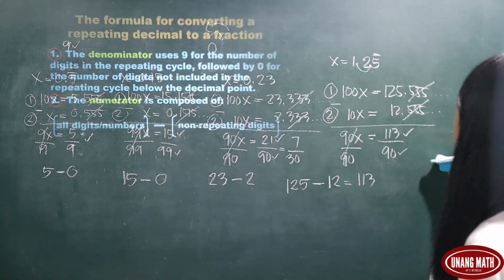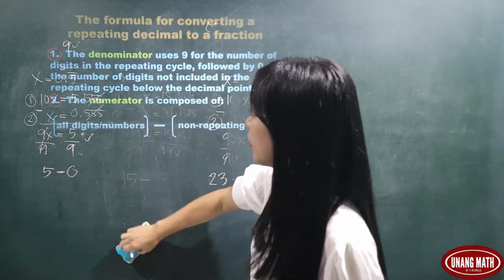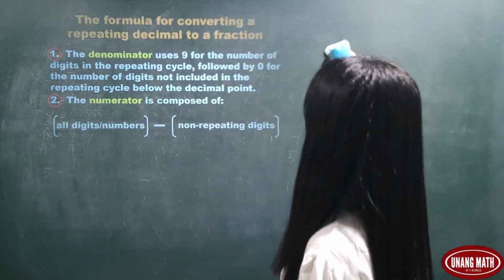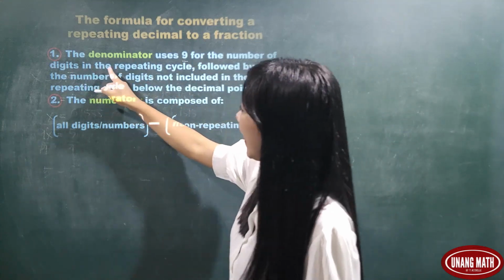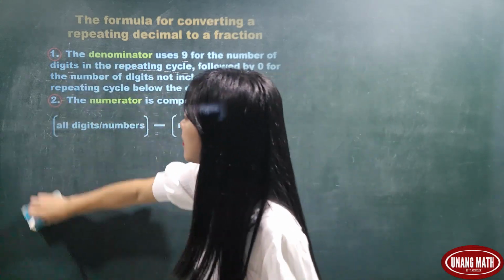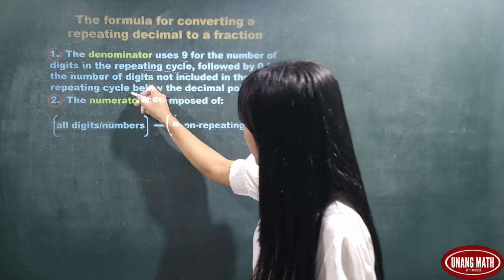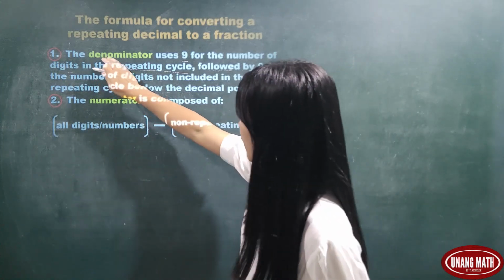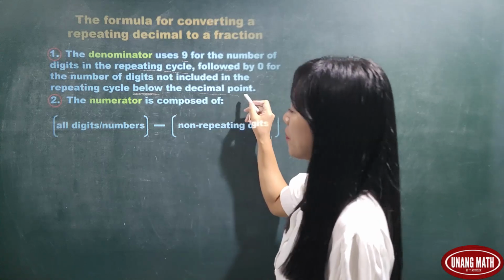Okay, so the formula in converting a repeating decimal to a fraction would be, for the denominator, we have to use 9 for the number of digits in the repeating cycle, followed by 0 for the number of digits not included in the repeating cycle, that is, after the decimal point. So in short, to get the denominator, consider those digits after the decimal point.